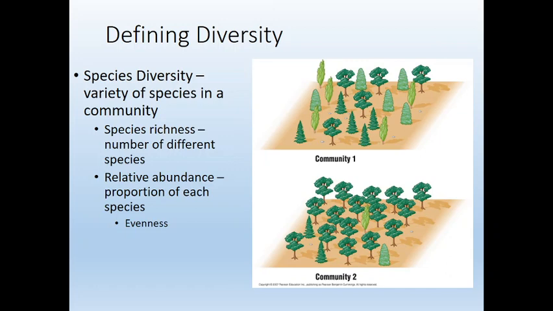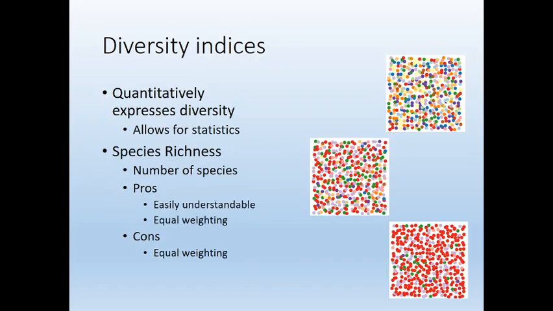But evenness is a little tricky to get at and can be a little hard to explain, so we use something called diversity indices. We can quantitatively express this evenness side of it, and it allows us to do statistics and compare things relatively easily.